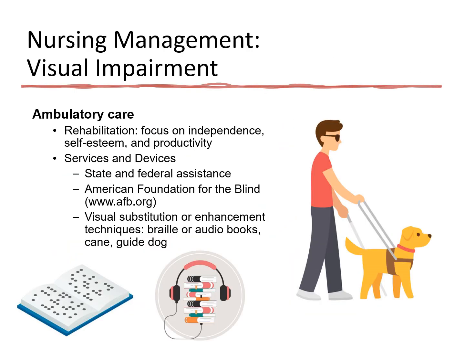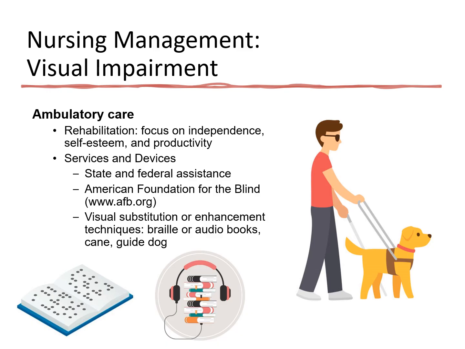On the outpatient basis, we want to make sure that they're going to be safe and as independent as realistically possible. When somebody has visual impairment, it can really affect their self-esteem. They can be depressed, they may not want to leave, they may feel insecure, especially when they don't have a good support system at home.